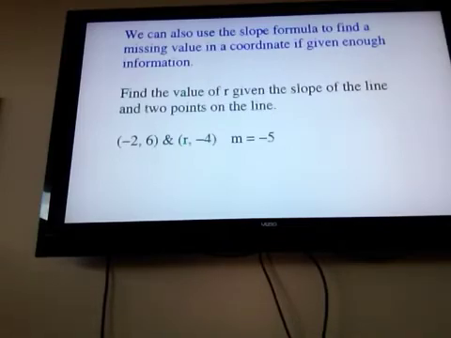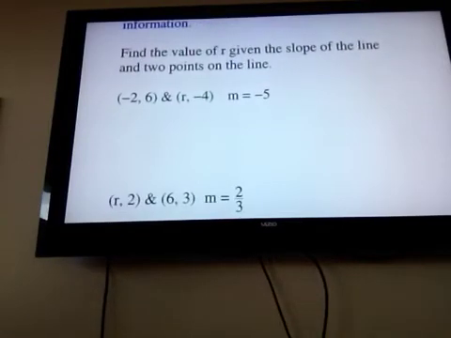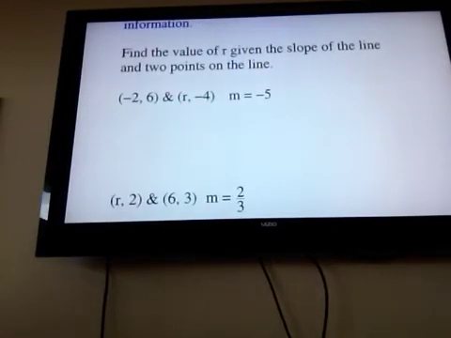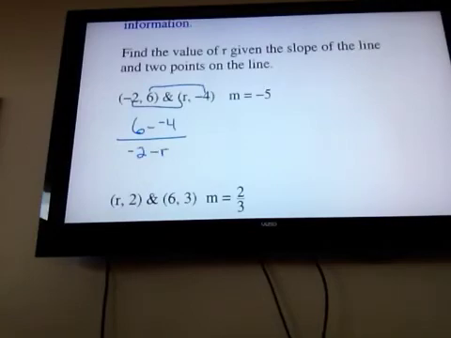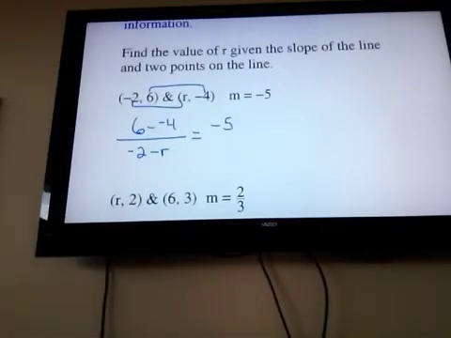Okay? So I'm going to set this up using my slope formula. I'm going to take y minus y over x minus x, and that should come out to equal -5. They're telling you what it should come out to equal.